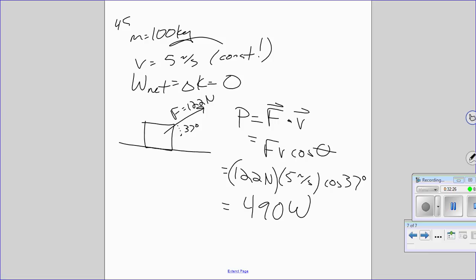Good? What would change that? If either the block sped up, or the force changed, or something. But here, everything's constant. Well, I guess except the energy. Oh, wait, no, the energy's not changing either. So everything is constant. The position's not constant. There you go. So it's changing.